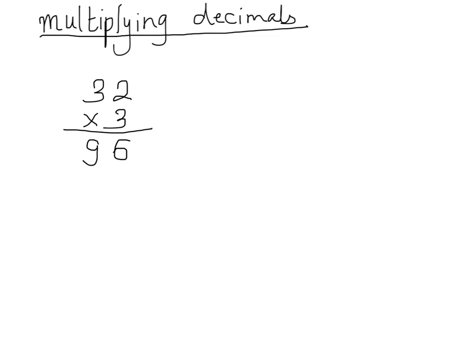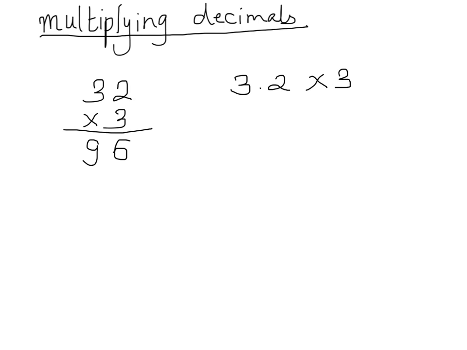Again, if we've got another number with a decimal in it, say for example the same numbers but with a decimal, 3.2, and you multiply it by 3.